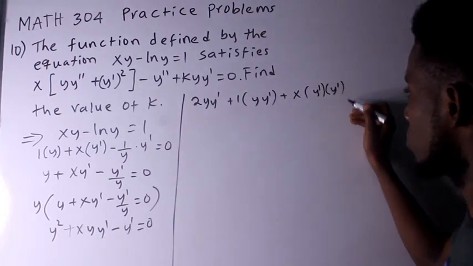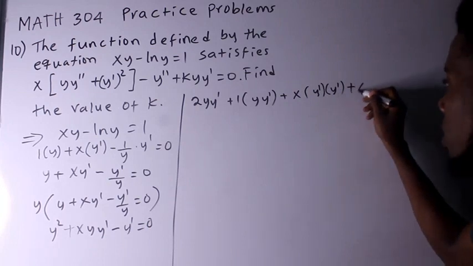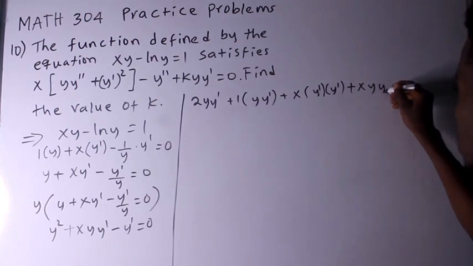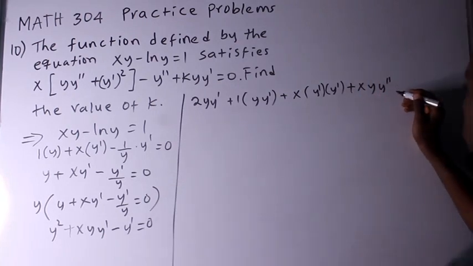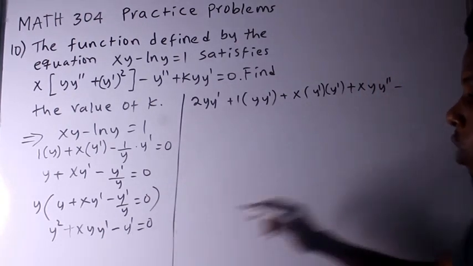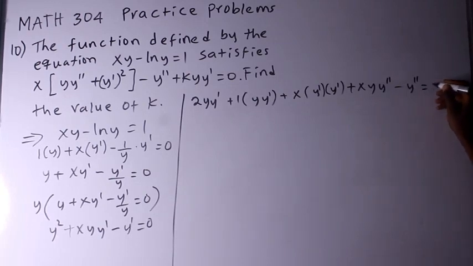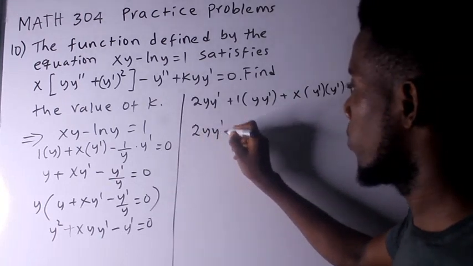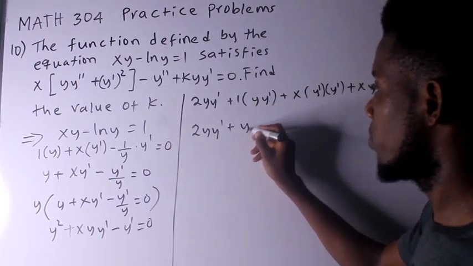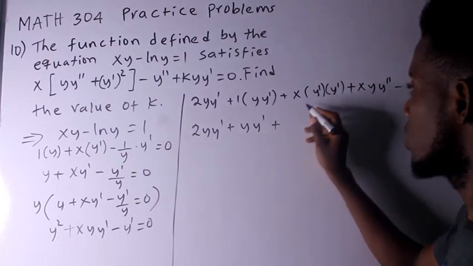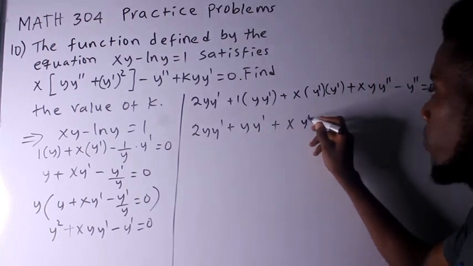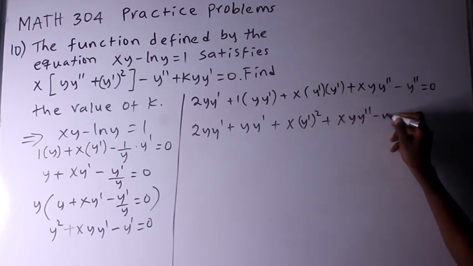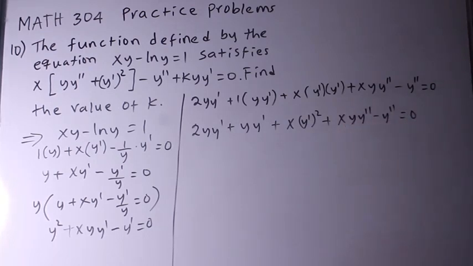Plus we hold xy constant and differentiate y prime, that's y prime prime, minus the derivative of this y prime, which is y prime prime, everything equal to 0. So we can move on to simplify. We have 2y y prime plus 1 times the entire expression, the same y prime, plus this is going to give us x (y prime) squared plus xy y prime prime minus y prime prime equal to 0.